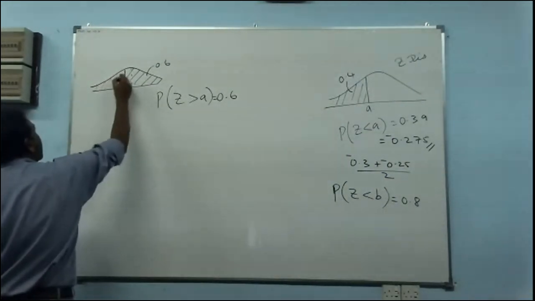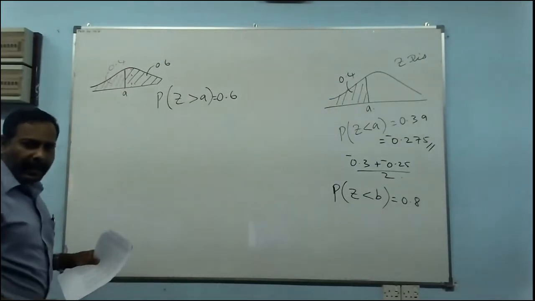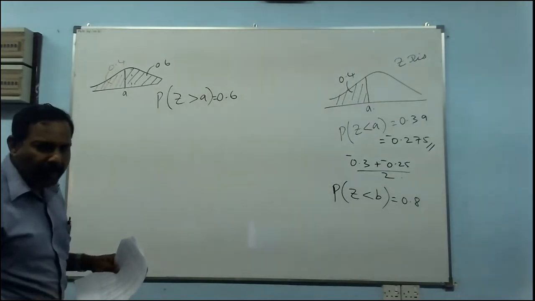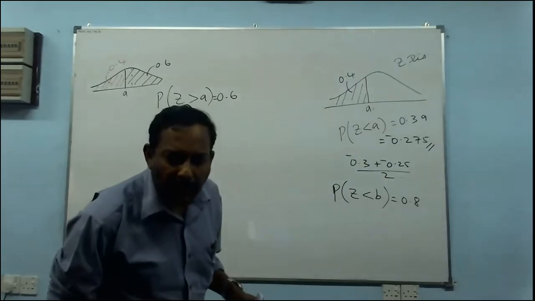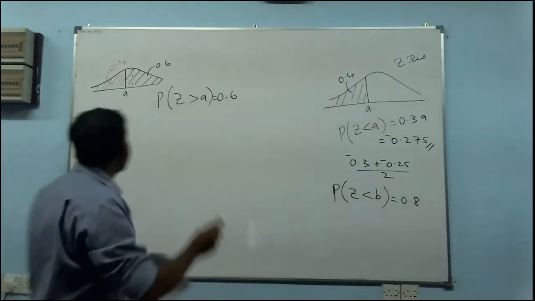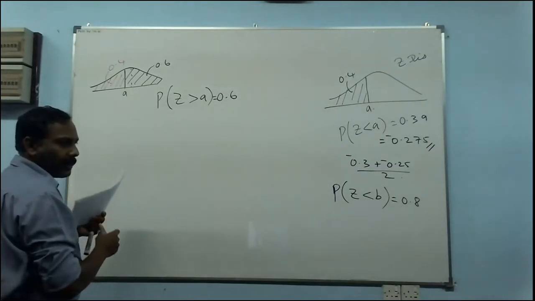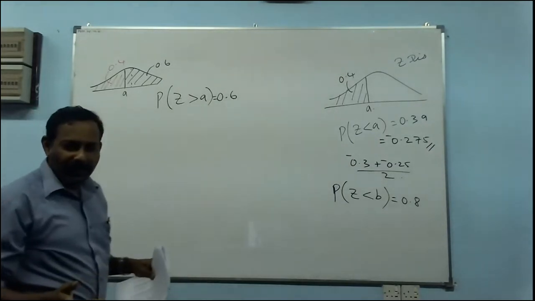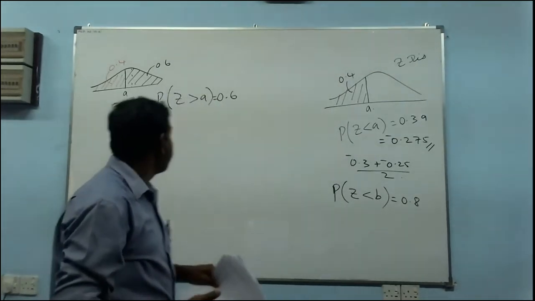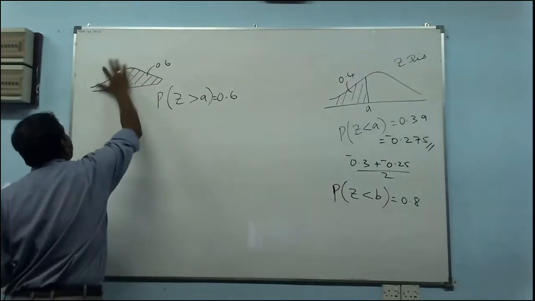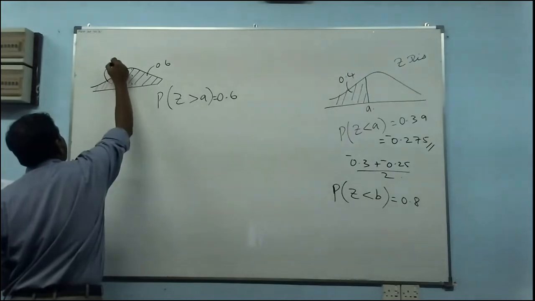What is this area? 0.4. Can you all see the color of the pen? This is a red color. Can you see? Yes, sir. Okay, so this is 0.4.